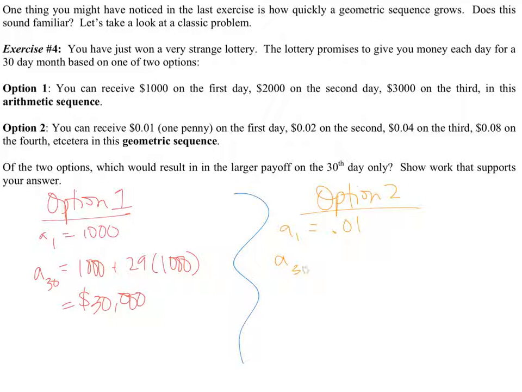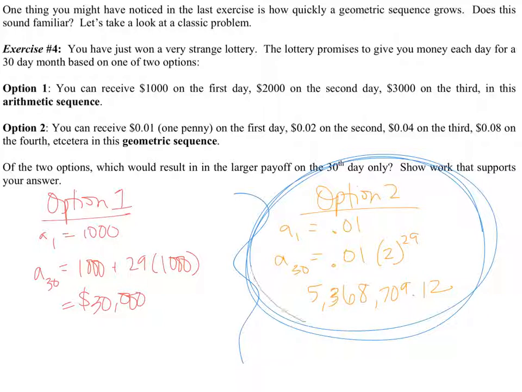Our 30th term is going to be our original term, so our first term, times, well, did you notice that it's doubling? So it's doubling, and then take 1 off of 30 to get 29. You will find that it becomes 5368709.12.